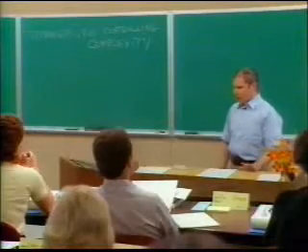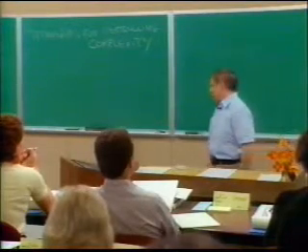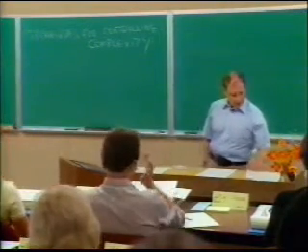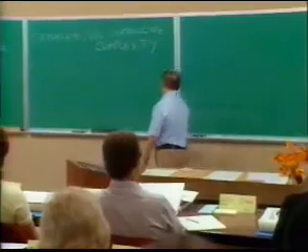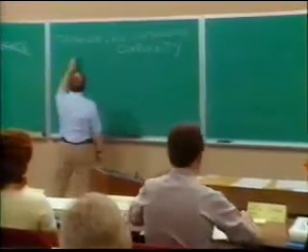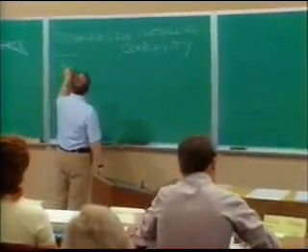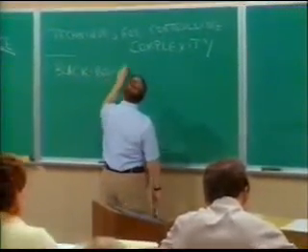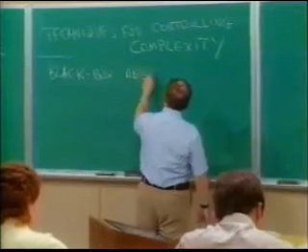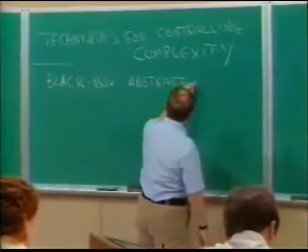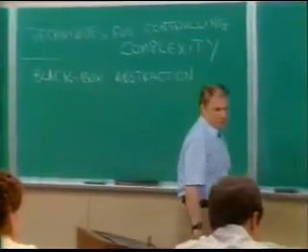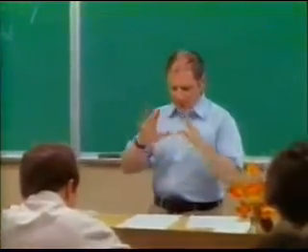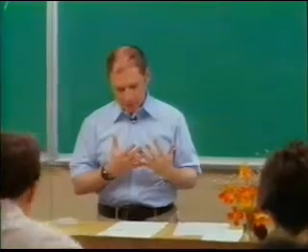Okay, well, what are some of these techniques? They're not special to computer science. The first technique, which is used in all of engineering, is a kind of abstraction called black box abstraction. Take something and build a box about it.